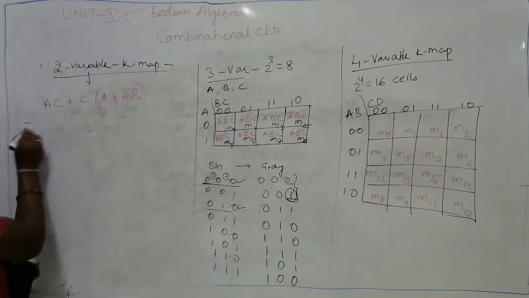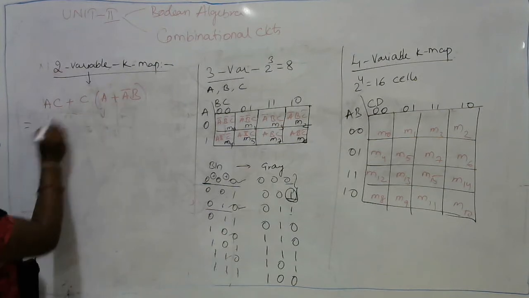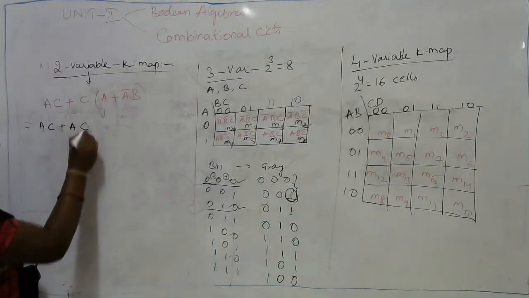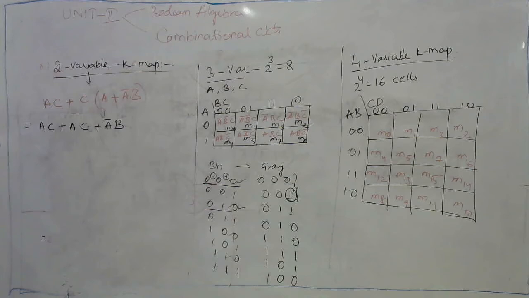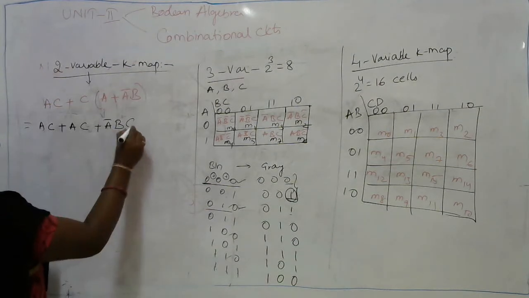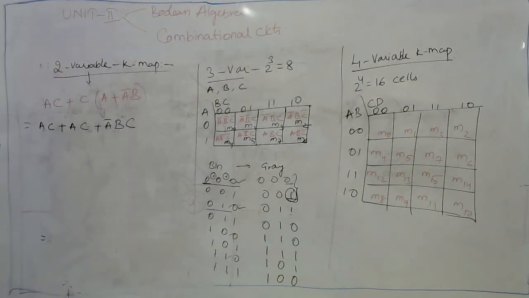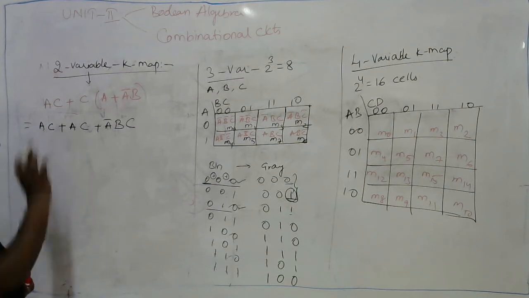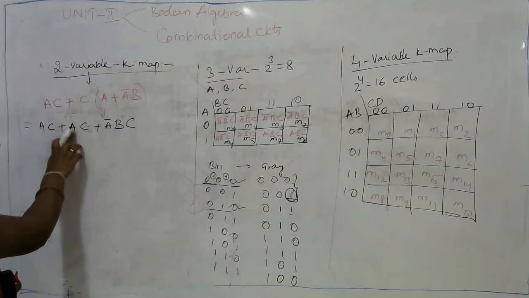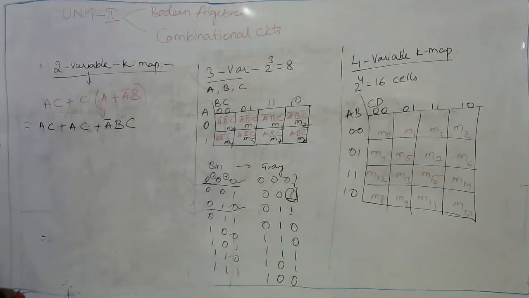So the first step is to expand this, that is AC plus AC plus A bar B into C. Now, if we observe, this has a minterm of only 2 variables, here also a minterm of only 2 variables, and here a minterm of 3 variables.